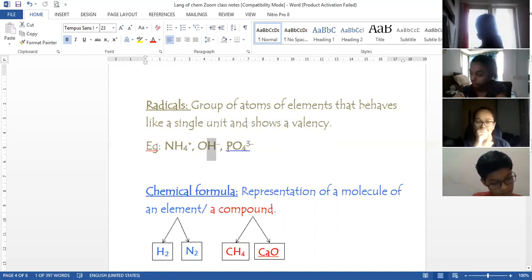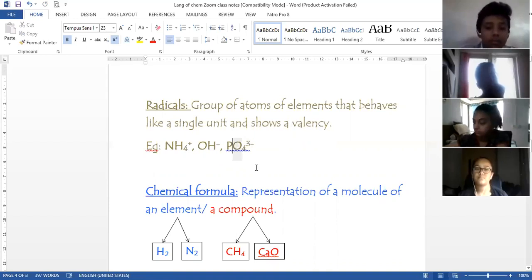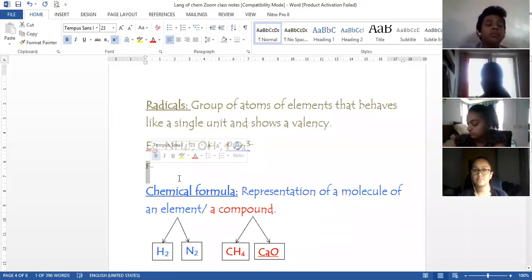Then we have phosphate, where we have 1 atom of phosphorus and 4 atoms of oxygen. If I'm just representing an ion, it would be like F minus. You can see that there is only 1 atom over here. So that is what is generally called an ion. Okay, so that is the difference between a radical and an ion. So you need to know the difference.